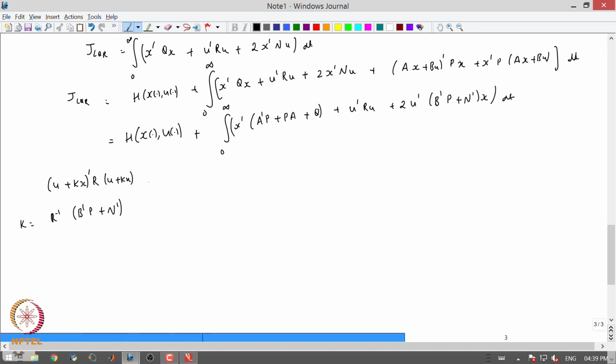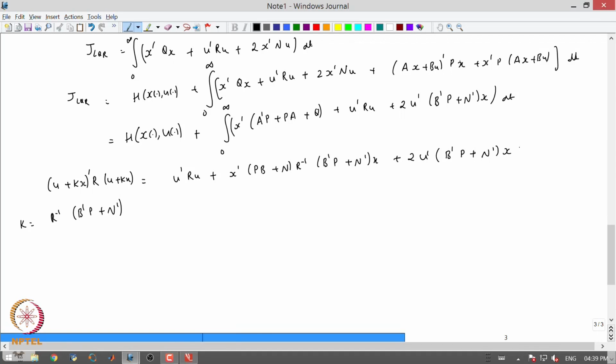Right. Okay, so this will expand to the following. So I have u transpose Ru plus x transpose (PB plus N) R inverse (B transpose P plus N transpose) x plus twice u transpose (B transpose P plus N transpose) times x.